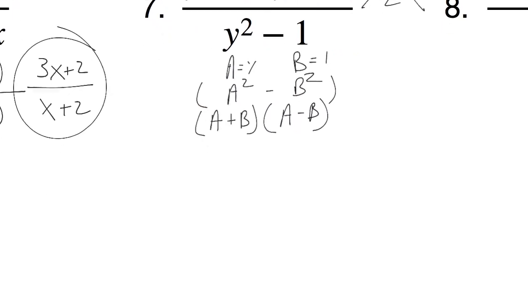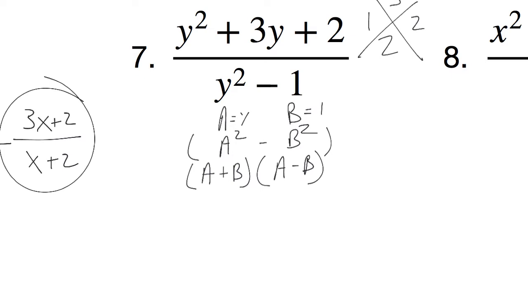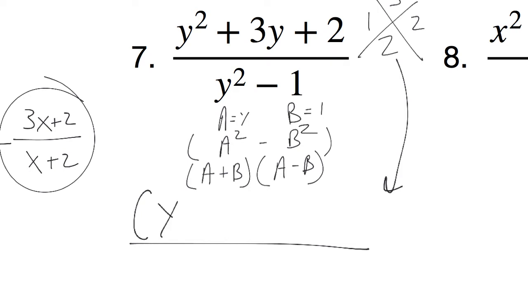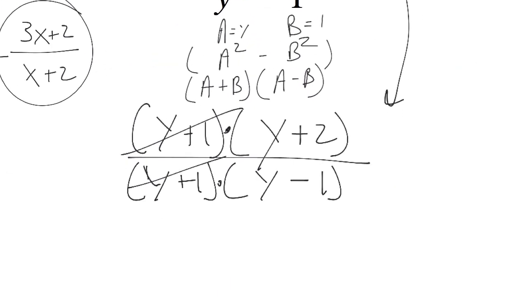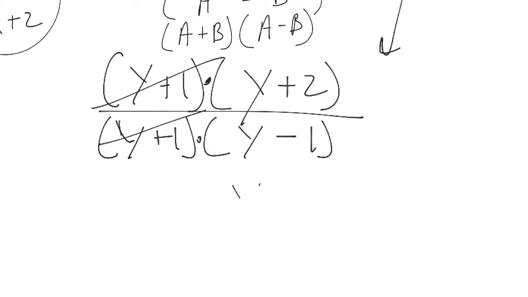So, changing all that, the big fraction is going to be, from here, (y plus 1)(y plus 2). And then a plus b, a minus b, that's going to be (y plus 1)(y minus 1). What cancels? These terms. And notice they're separated by multiplication. When the factors are separated by multiplication, then you can cancel them out. And the answer is just going to be (y plus 2) over (y minus 1).